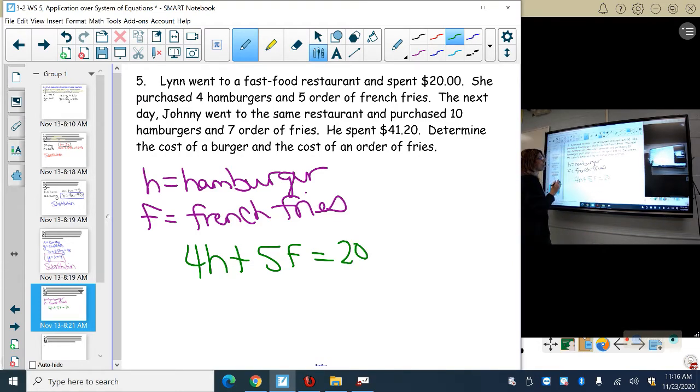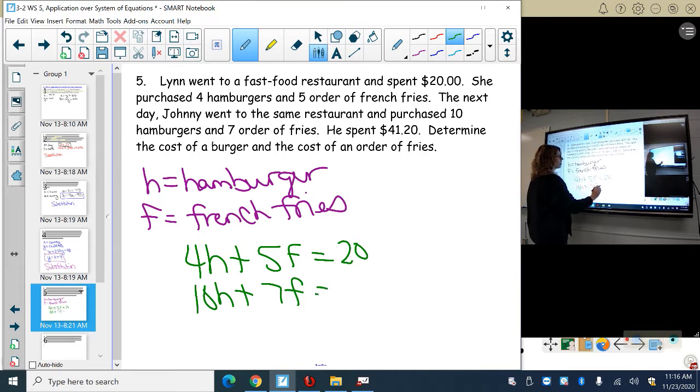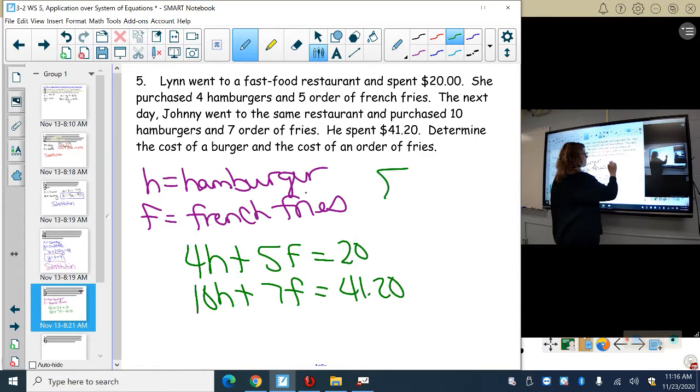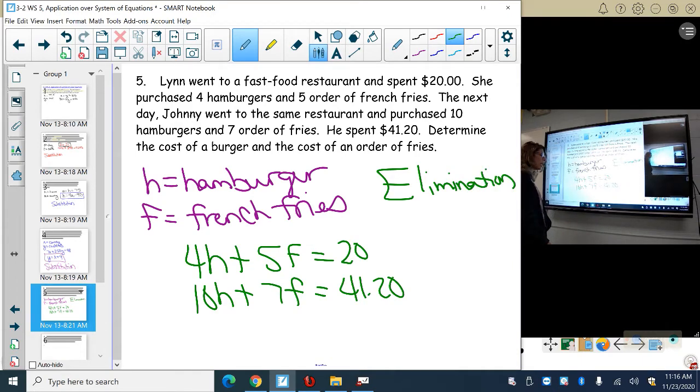The next day, Johnny went to the same restaurant and purchased 10 hamburgers and 7 orders of fries, and he spent $41.20. This is best done with elimination. Why? Because I do not have a 1H or a 1F, so you want to do elimination on that.